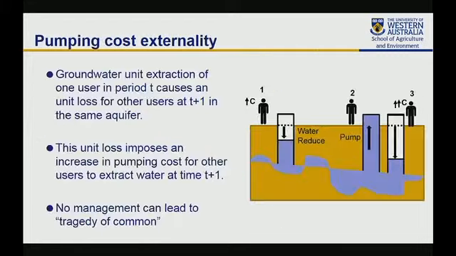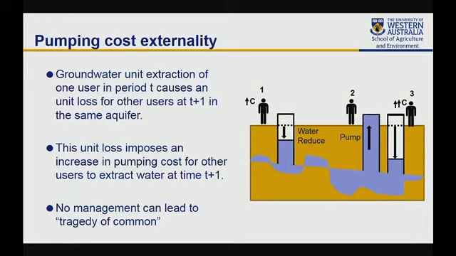The pumping cost externality in a spatial configuration of an aquifer is defined as follows. When user 2 pumps an amount of water, it results in the reduction of water for user 1 and user 3 in the same aquifer. And consequently, user 1 and user 3 have to increase their cost of pumping to extract water.